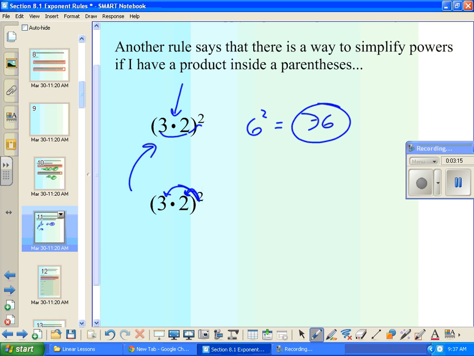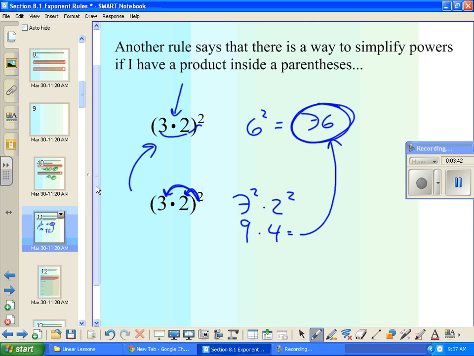I'm going to apply the squared power to each of those numbers. Well, then what I get is 3 squared times 2 squared. And 3 squared, well, that's just 9. 2 squared is 4. And if I multiply those together, what does it equal? What do you know? It equals 36. So that's why I showed this example to start off with. You know, the numbers are smaller, and you could probably figure out the answer almost in your head.